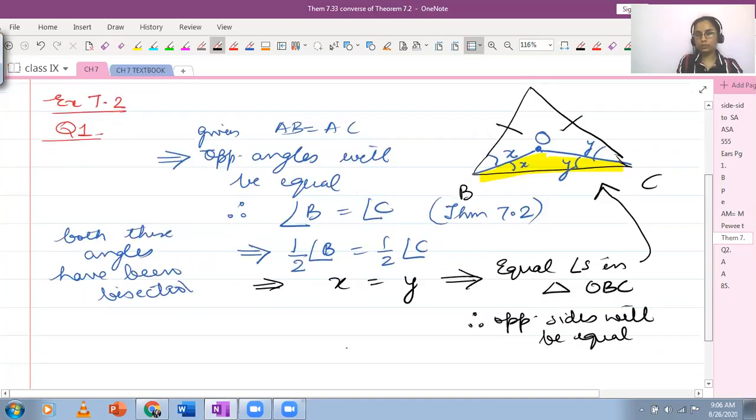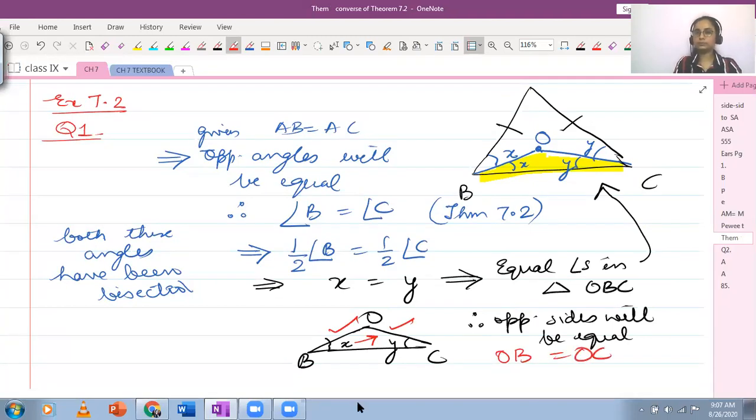So if you want, I'll just draw this little triangle here. If you can observe, this is OBC and this over here is X and this over here is Y. अगर ये दोनों angles equal हैं, इनकी opposite sides identify करो. This one and this one. Now see the connection.